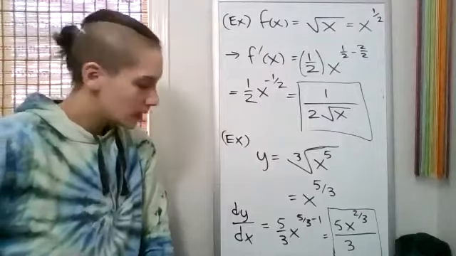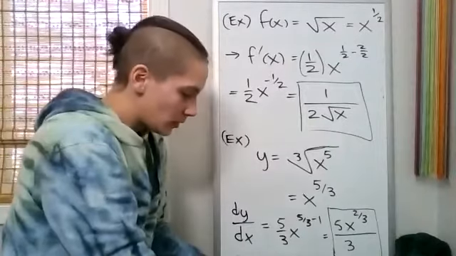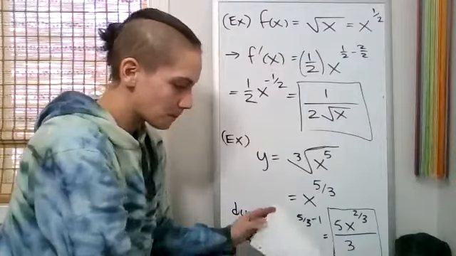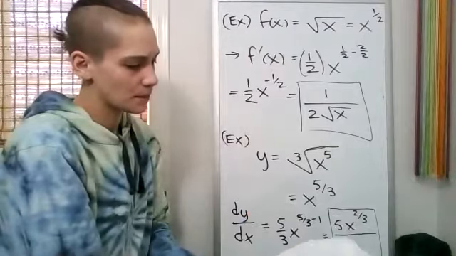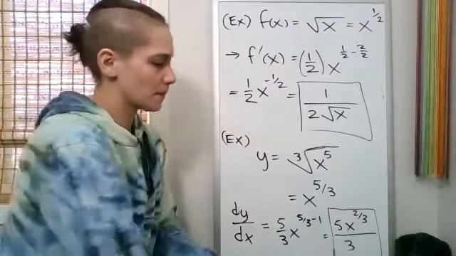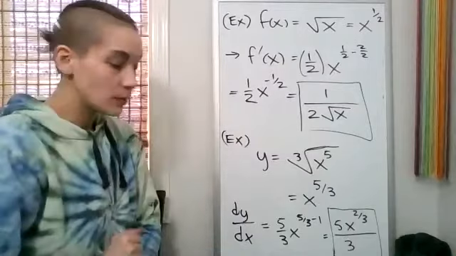Another rule. Next one is called the constant multiple rule.